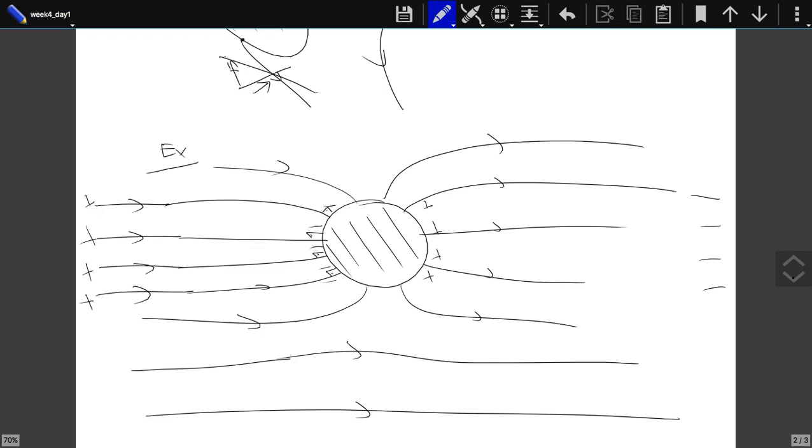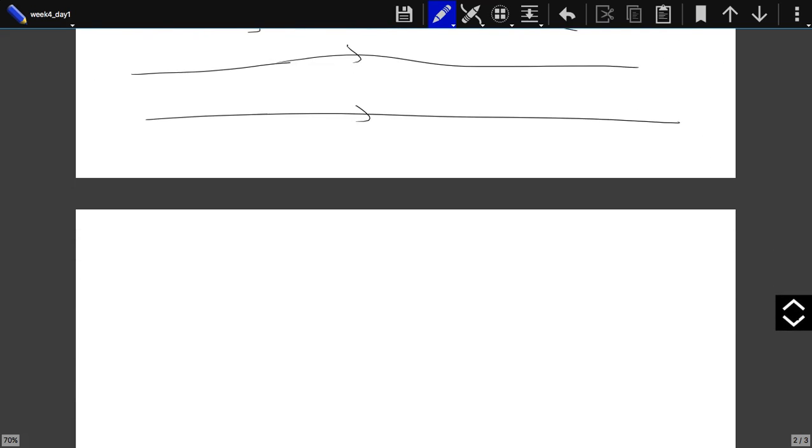So let's try to calculate that pressure. Now, pressure was basically, if you remember the definition, the force per unit area. Pressure might change from point to point. So what you do is you take the limit as the area goes to 0. You take a very small area.